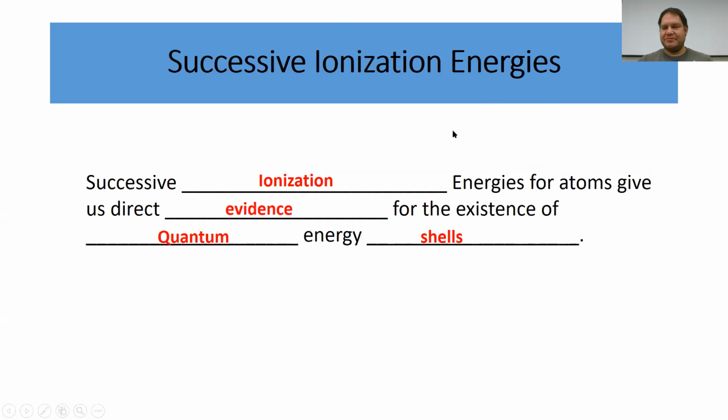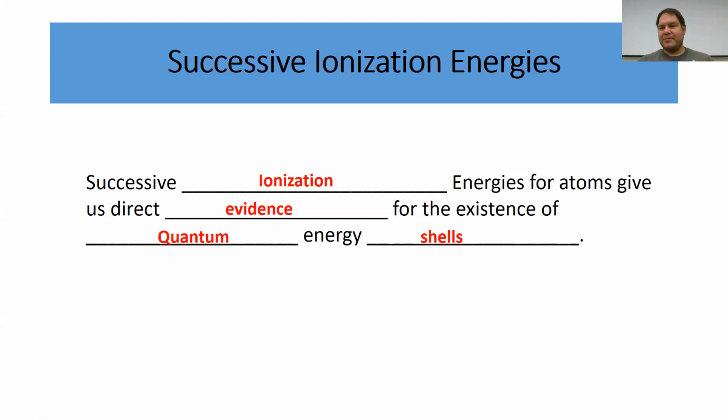Now let's get into what we call successive ionizations. Essentially, successive ionization means that we're going to lose one electron after another, after another, successively, starting with the valence shell first, and then working our way into the interior until all of the electrons have been removed from that atom. And that's successive ionization, all right?